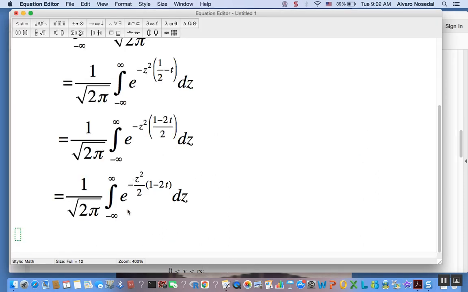So basically this is, statisticians would call it, this looks like the kernel, right? So meaning that it looks like the PDF of a normal, except that we have there's a constant here missing, the constant that would make this guy legit normal, right?